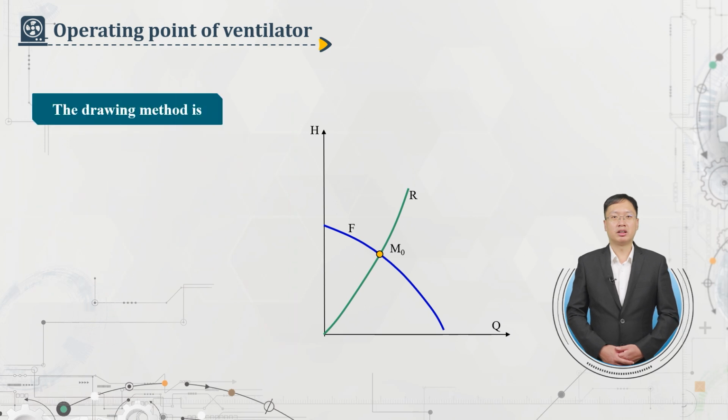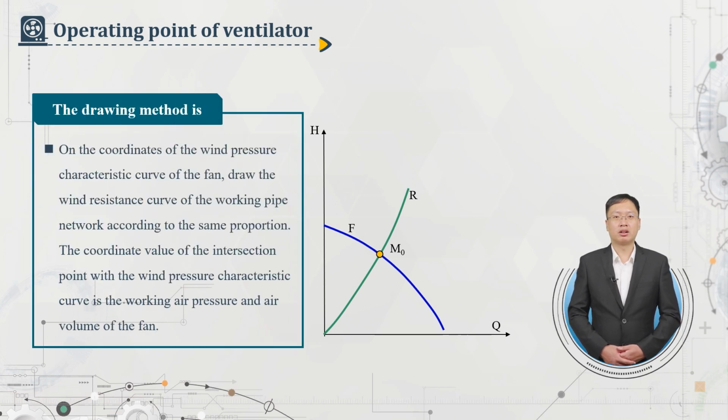The drawing method is: on the coordinates of the wind pressure characteristic curve of the fan, draw the wind resistance curve of the working pipe network according to the same proportion. The coordinate value of the intersection point with the wind pressure characteristic curve is the working air pressure and air volume of the fan.